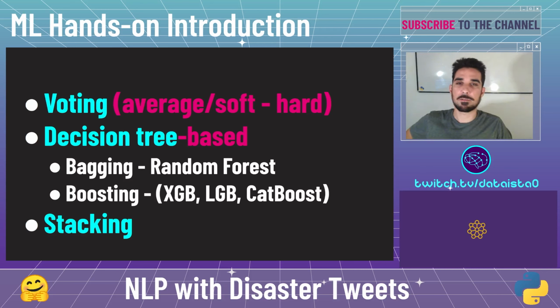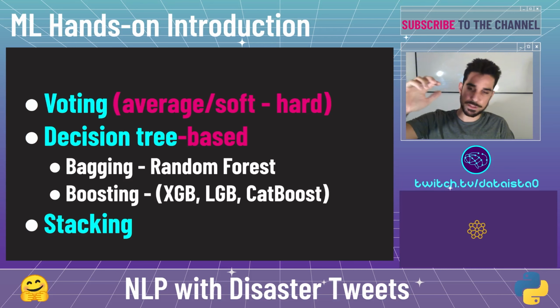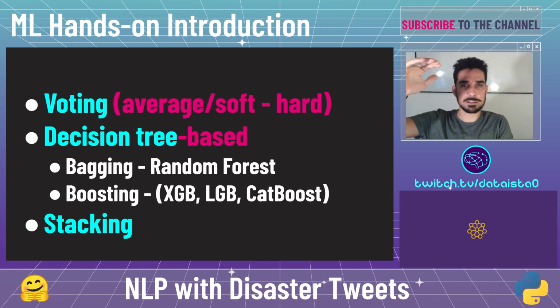A follow-up idea of this weighted average or weighted soft voting is stacking. Stacking works with a variety of different models as well, and the idea is we obtain predictions of, let's say, 5 models.